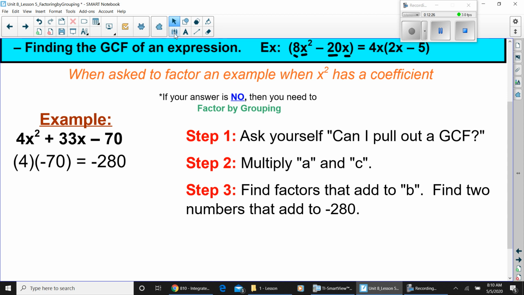So I'm going to think of negative 10, maybe plus 28. And that's 18.